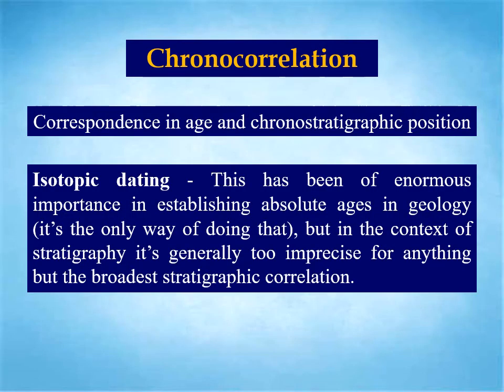Apart from lithological and biological correlation, a third type is used, that is chronostratigraphic correlation or chronocorrelation. Here we determine the absolute age of the rock with the help of isotope dating methods. But again, remember that it is not that we collect samples and go for isotope dating straight away, because isotopic dating is highly expensive. So firstly, you depend on field methodologies like lithostratigraphic and biostratigraphic correlation.